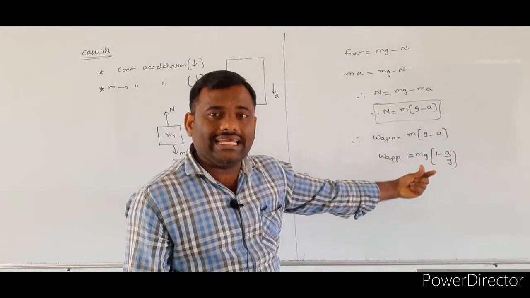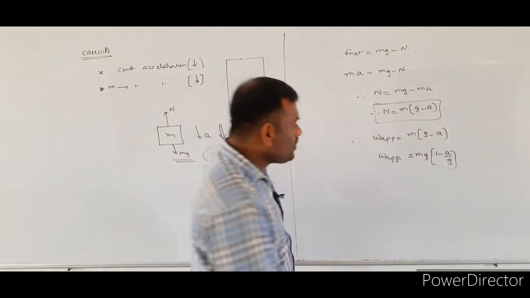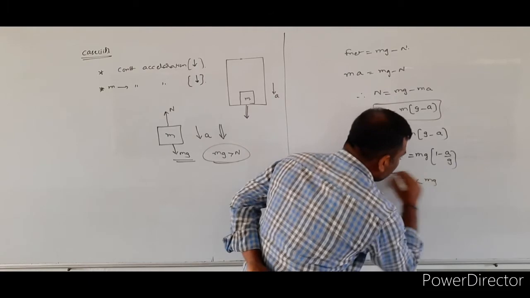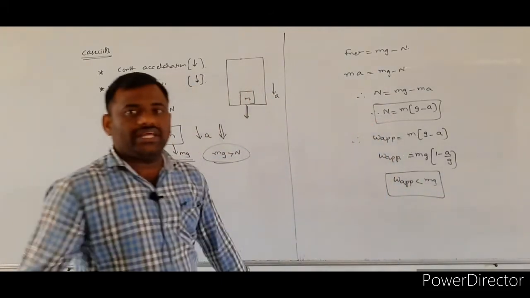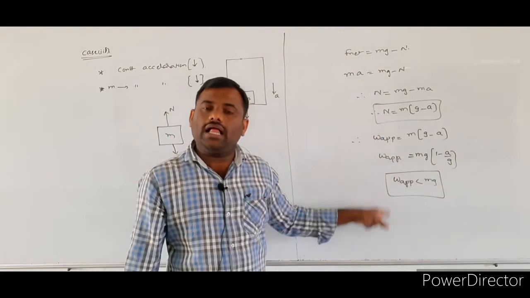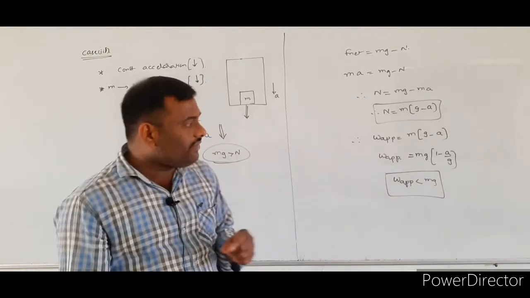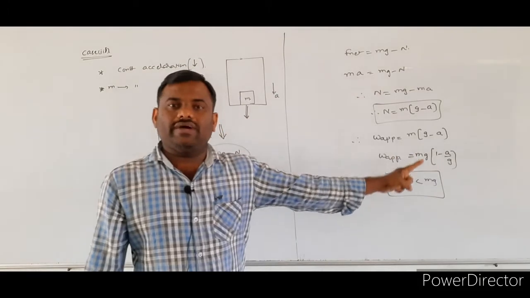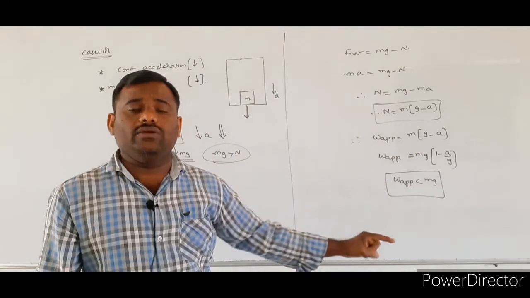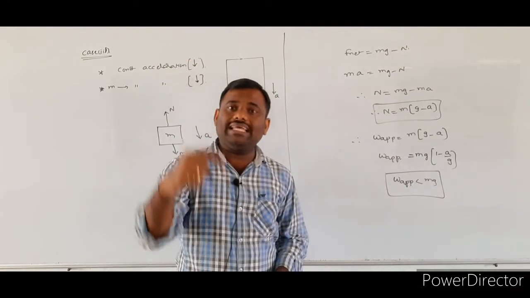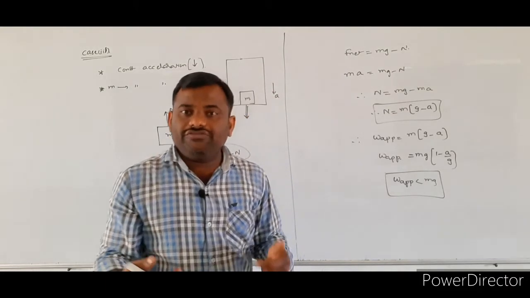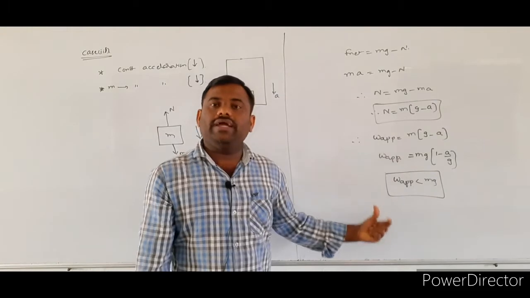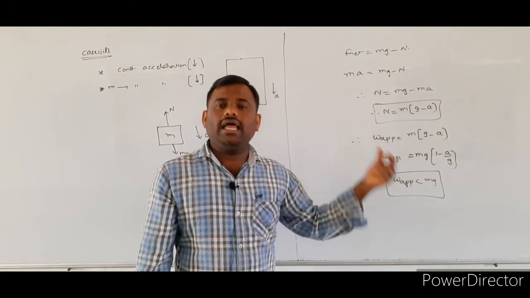So whenever the lift will be moving in the downward direction, the apparent weight value will be less than the actual weight value. That's why while you are traveling in the lift in the downward direction, we feel lighter.